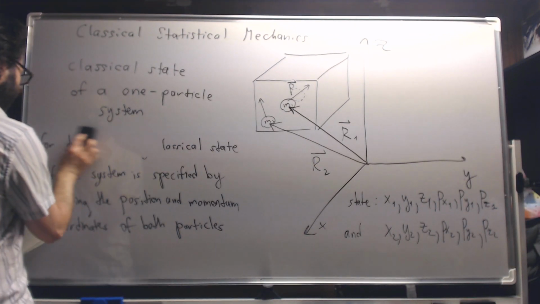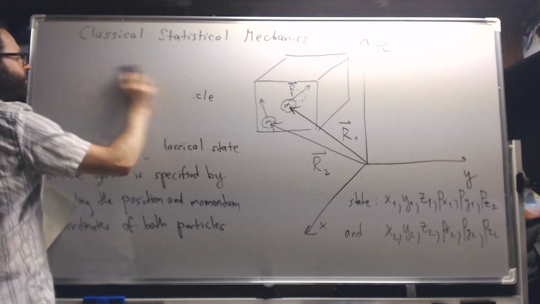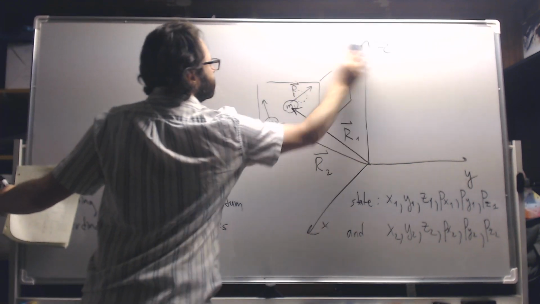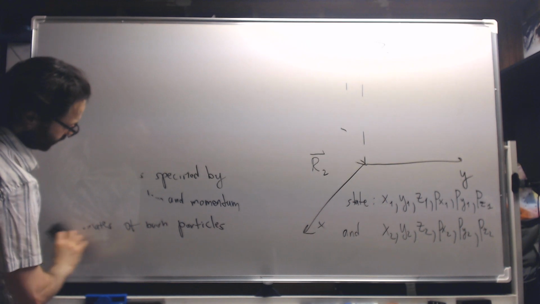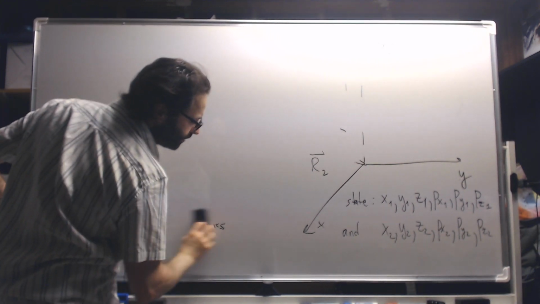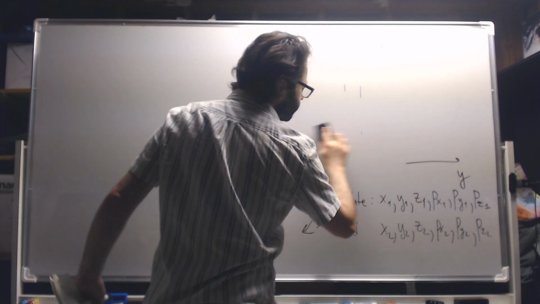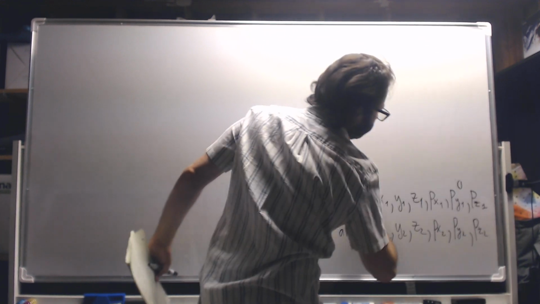So let's revisit that. What happens when you have states that are described by a continuous variable, not a discrete integer, not a discrete index?